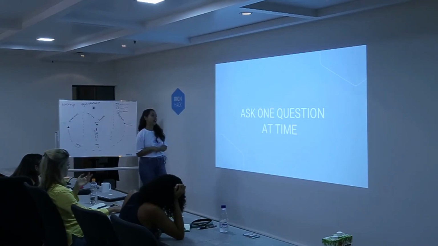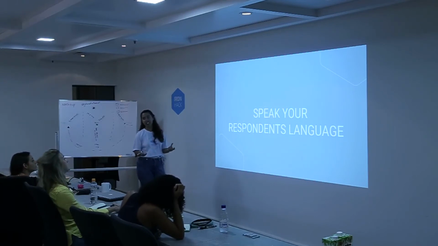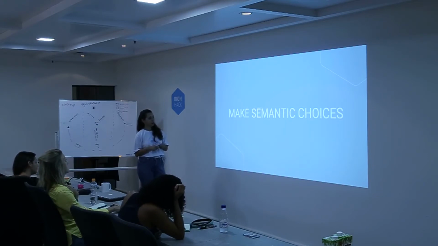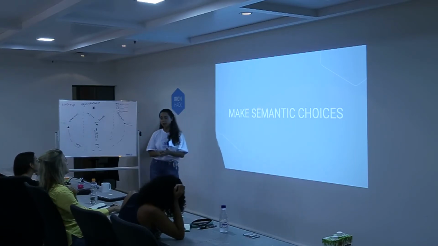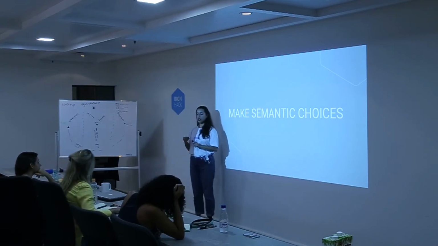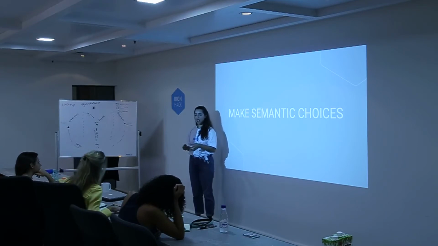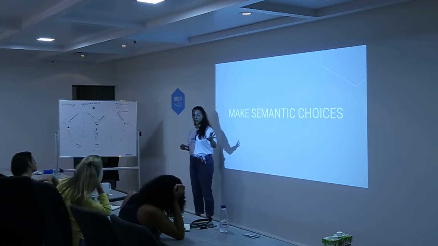Ask one question at a time, of course. Speak your respondent's language. This is about empathy and mental models, and facilitating conversations. Make semantic choices. For example, if you're using a Likert scale, you can as well have 1 to 5, and in general people would understand that 1 is very bad and 5 is very good.